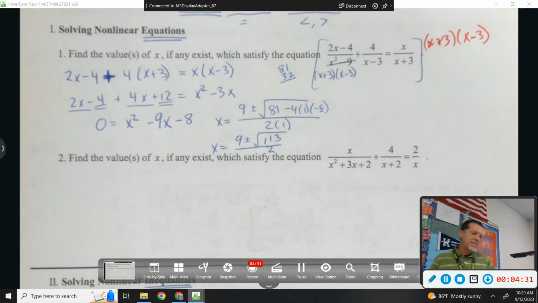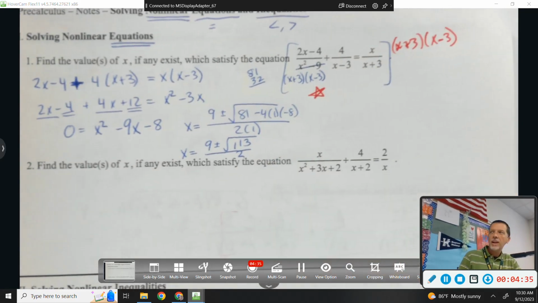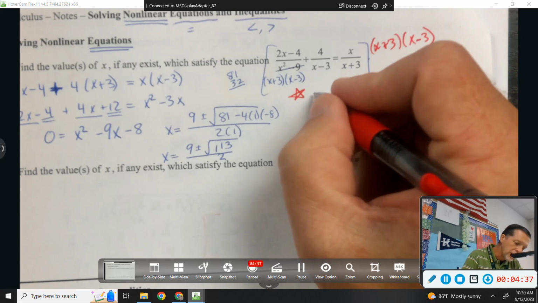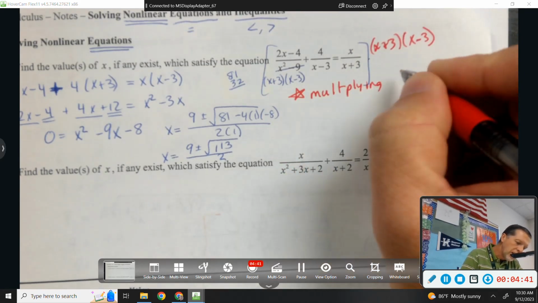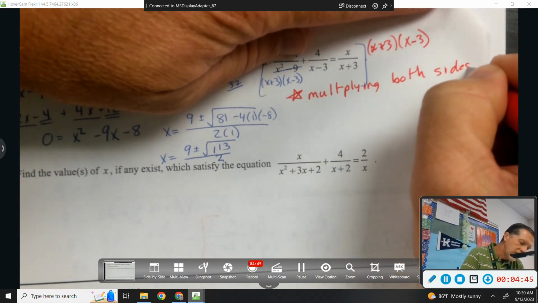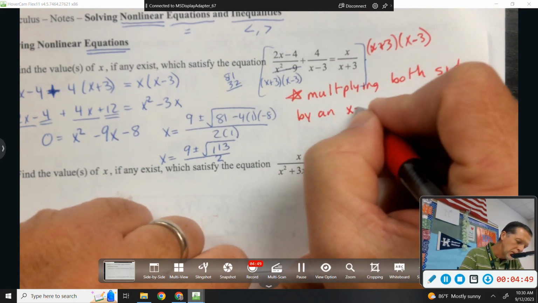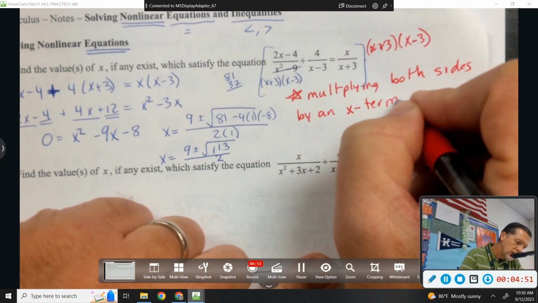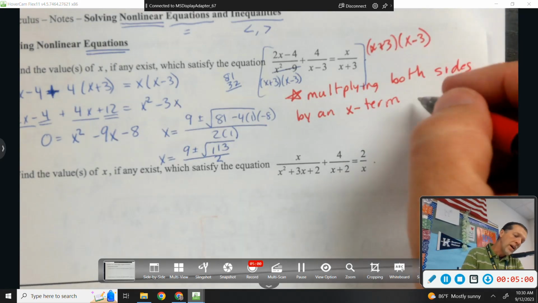Now, we kind of glossed over something here that we need to mention, and that is, I'm writing it in red because it's important, multiplying both sides by an x term, something with x in it, might.